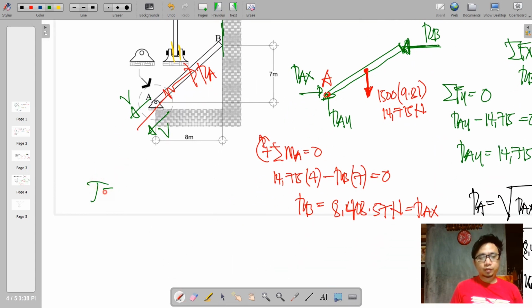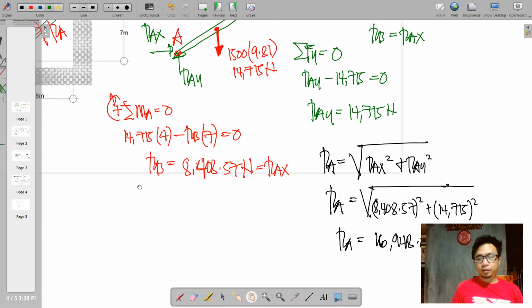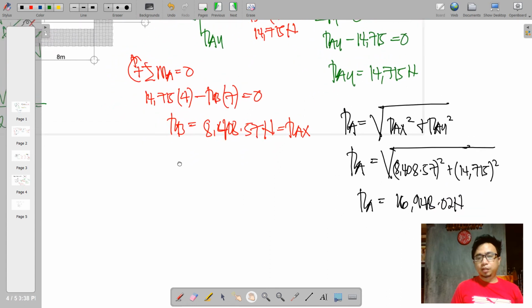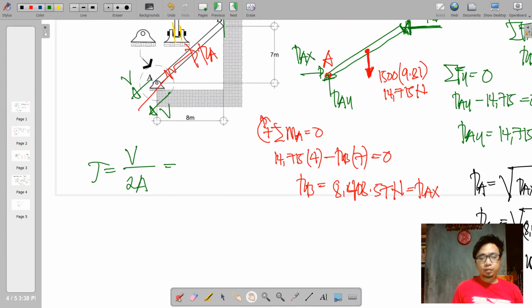Therefore, V all over 2A. So we are familiar with this formula. We'll just have to double your area if we have a double shear effect. So in this case, we have 2 cuts for the rivet. So hence we have V here is half of 16,948.02.